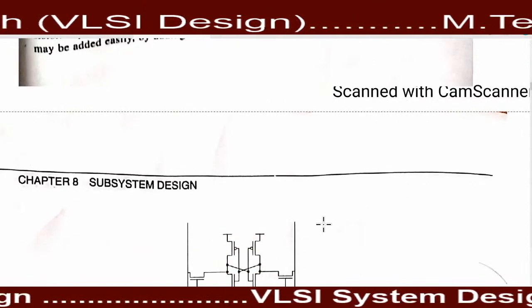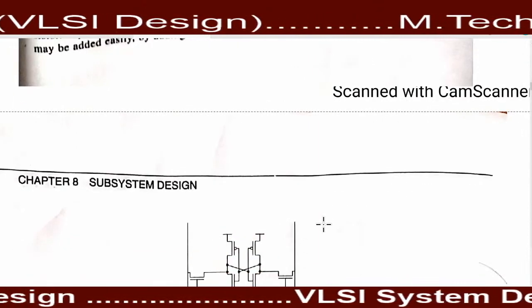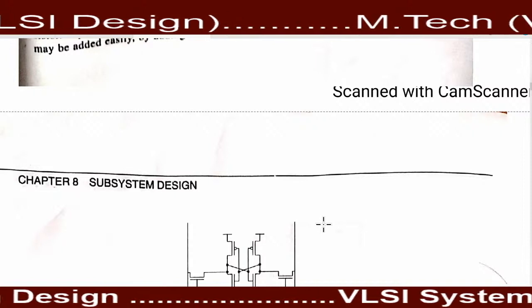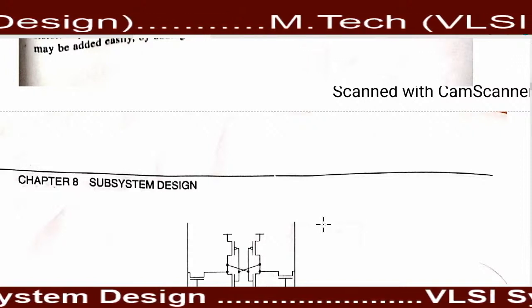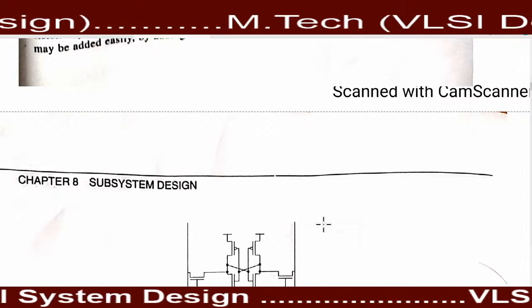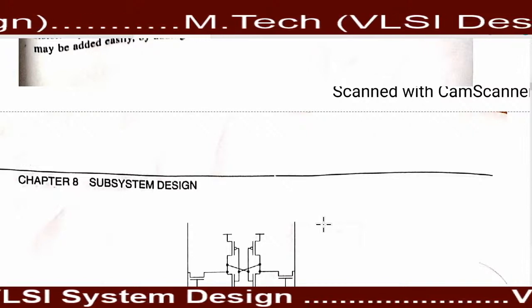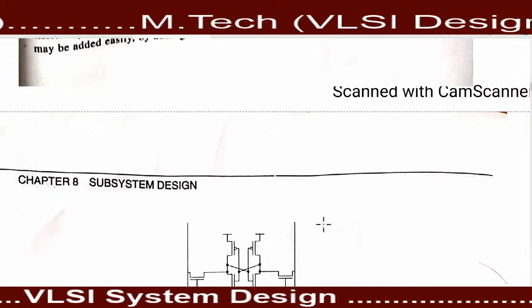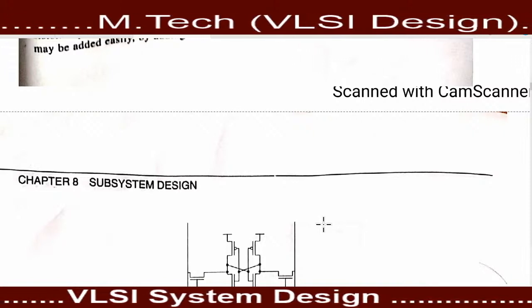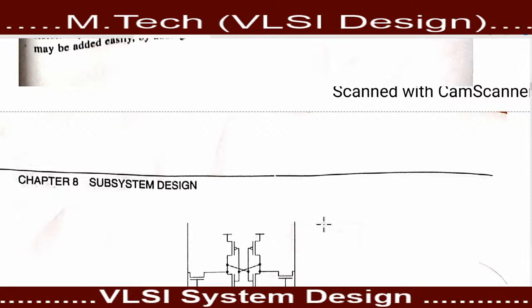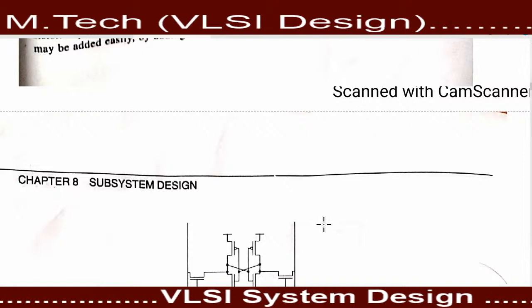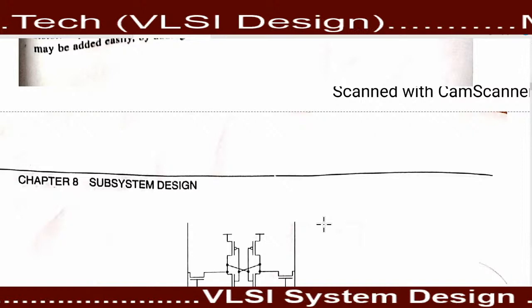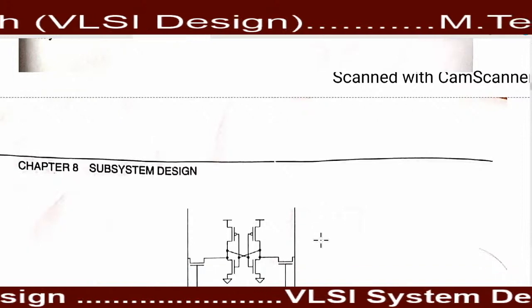In some types of memory, we can replace a transistor with a resistor, because the PMOS is only used as a load, so we can replace it with a resistor to reduce the power dissipation.